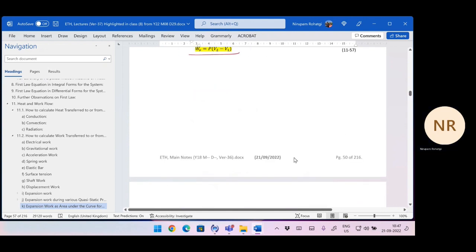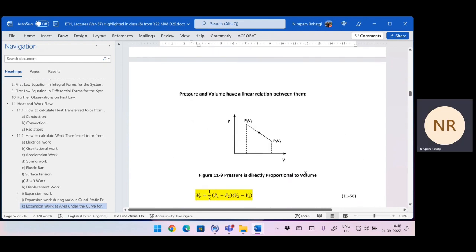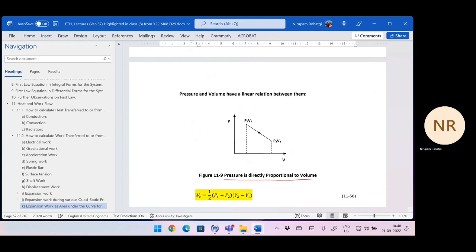Then, if you have this, now see this equation. Here pressure is directly proportional to volume, or you can say there is a linear relation between the two. Now, if you use that relation to find out this PdV integral, it will take a lot of time to solve.